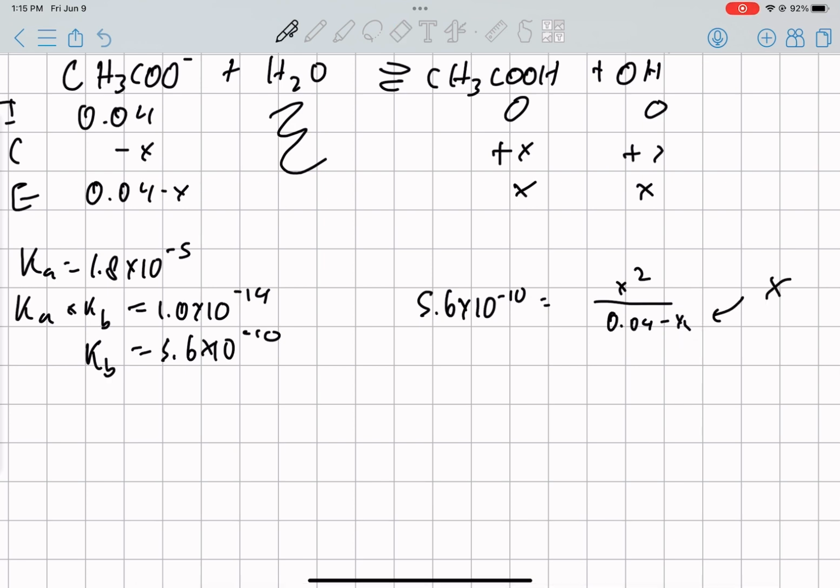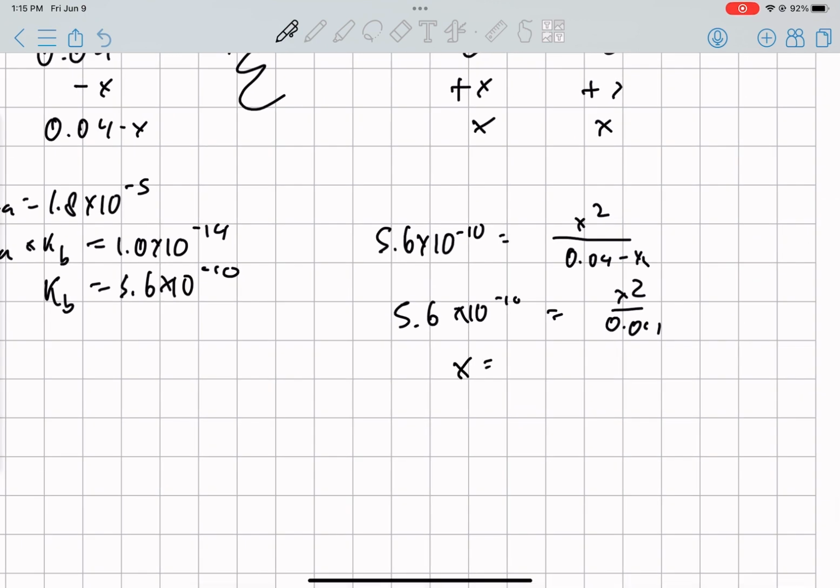So we can just get rid of it. So you get x squared over 0.04, which makes this a lot simpler. We don't have to set up a quadratic equation. And with this, we get x is equal to 4.7 times 10 to the negative 6.